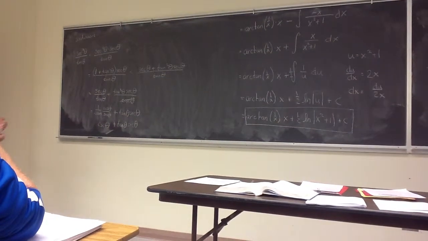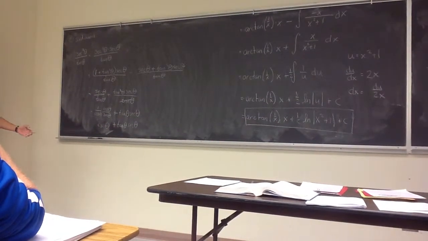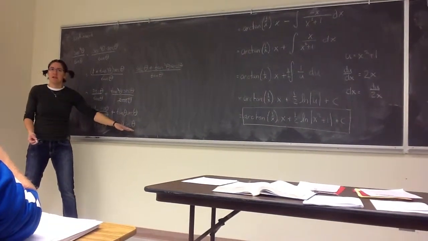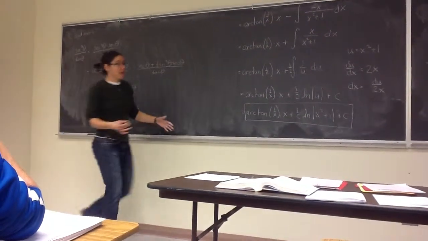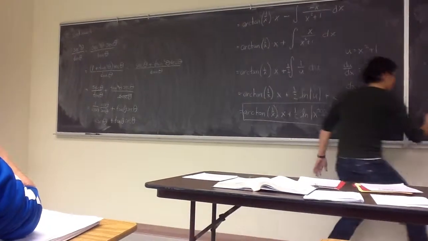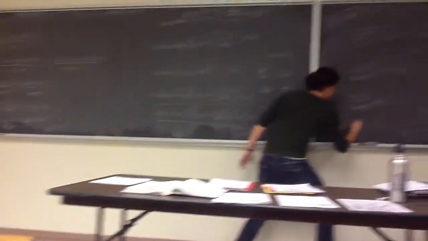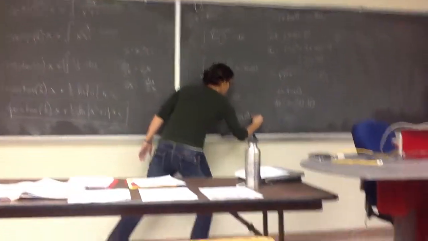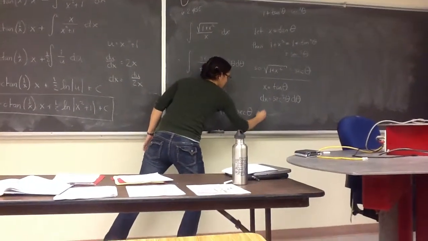Okay, so this seems like a reasonable possibility. We have cosecant theta plus tangent theta secant theta. And this is what we're thinking we might want to plug in over here. So we'd have the integral of cosecant theta plus tangent theta secant theta d theta.